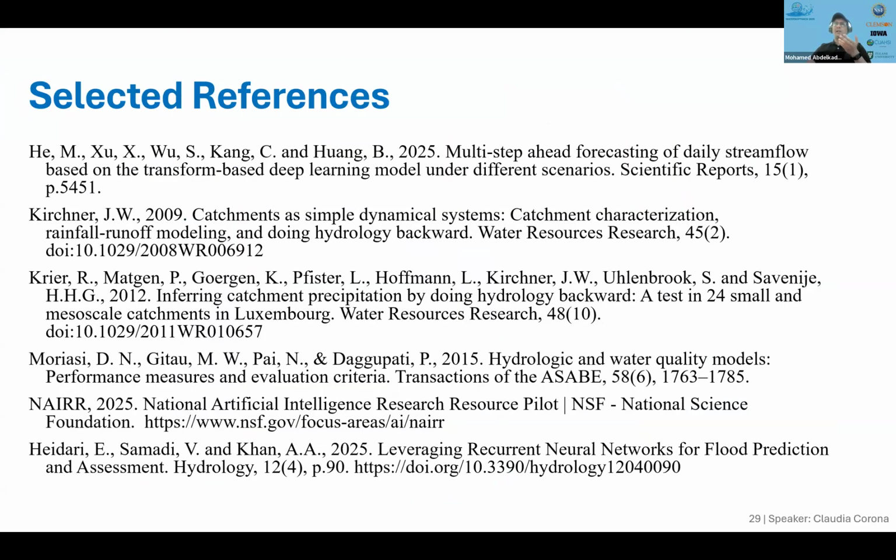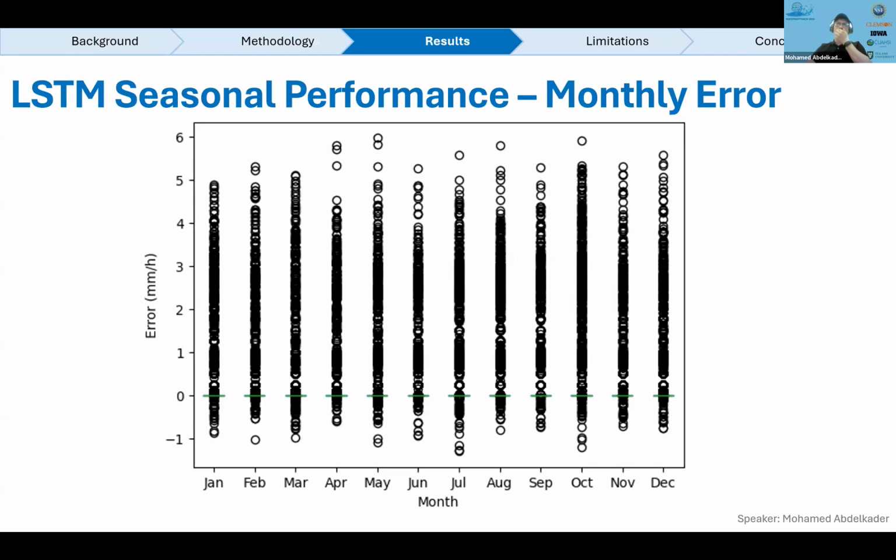To elaborate more, that was a very obvious observation that we saw when we got those results. We directly computed the errors over the months of the testing periods, and we saw that the errors are always small, between 0 and 6 millimeters per hour. This is an aggregated version of the 15-minute rainfall that we have.